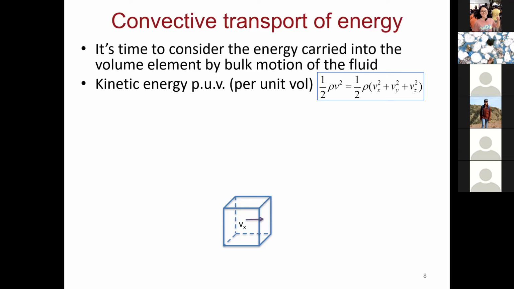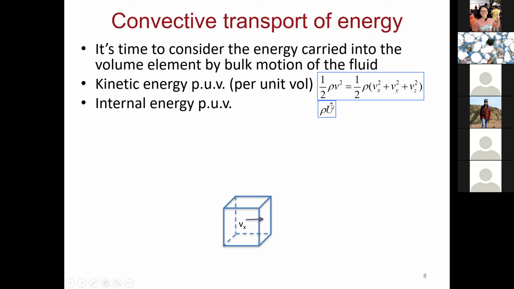So we need to look at the kinetic energy per unit volume, that is 1/2 rho v squared. And internal energy, so the total energy that is carried in has different components. So the fluid itself has the kinetic energy as well as its own internal energy that is a summation of all the others that could possibly be in there.